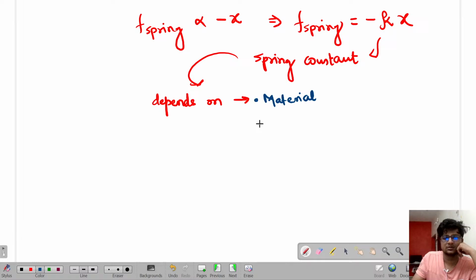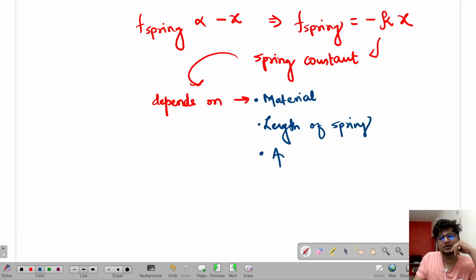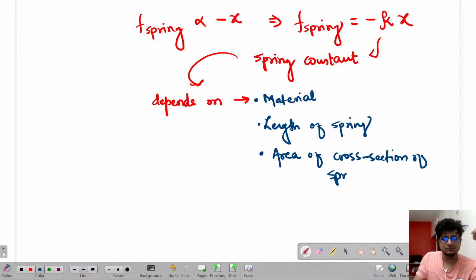Second, length of the spring. Third, area of cross section of spring. And fourth point, temperature.